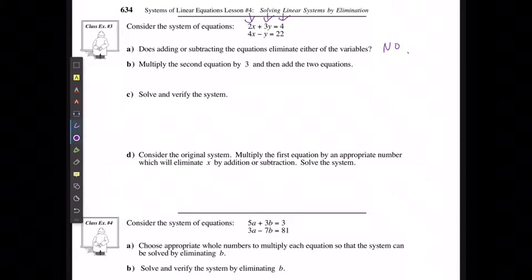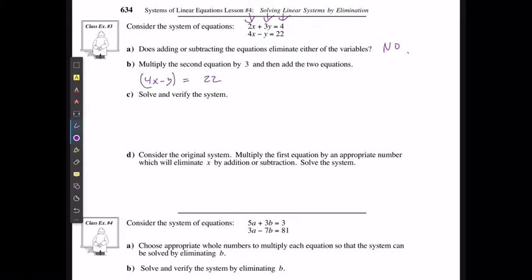So what it wants us to do is multiply the second equation by 3 and then add the two equations together. So if I multiply the second equation by 3, then I'm going to say that I have 4x minus y is equal to 22.